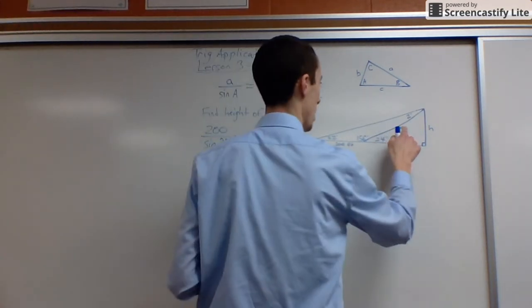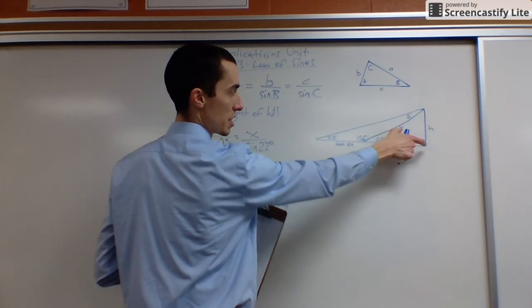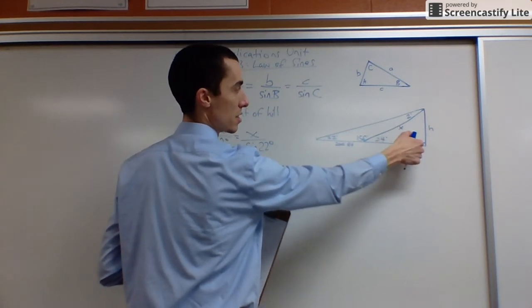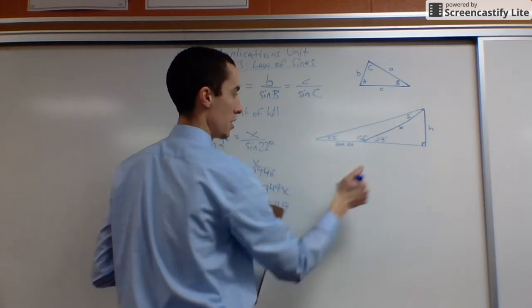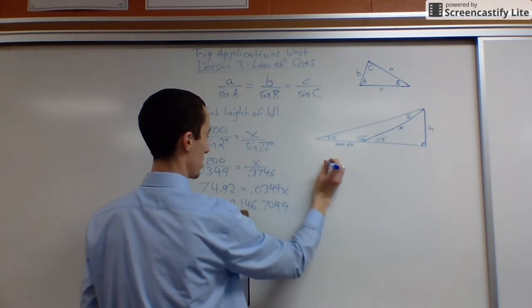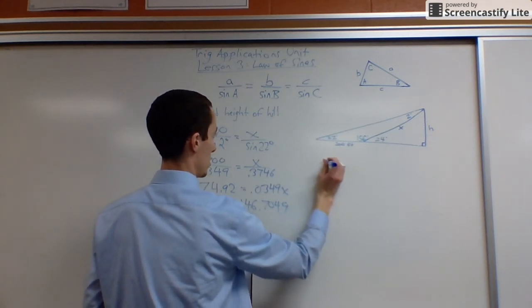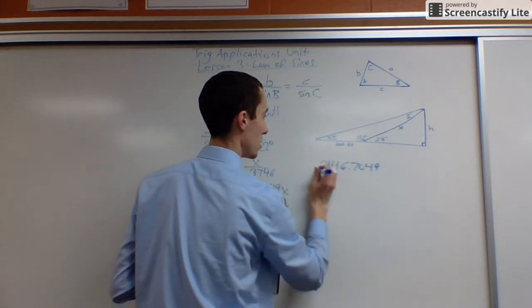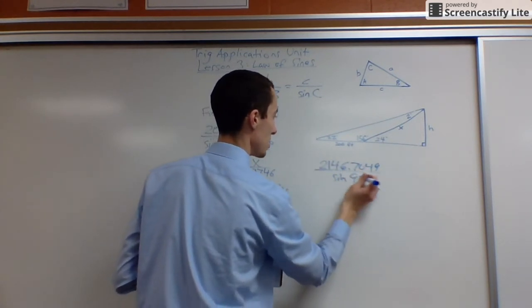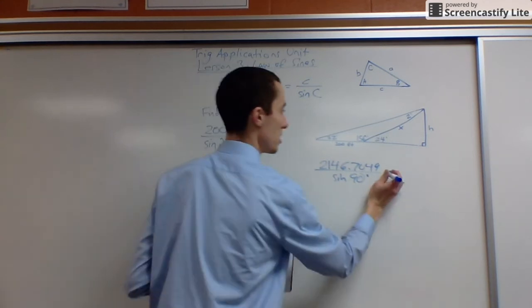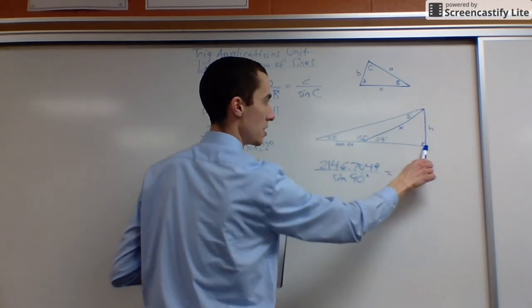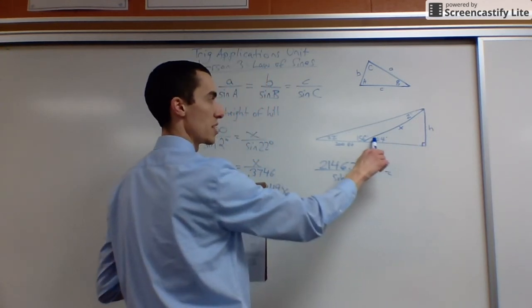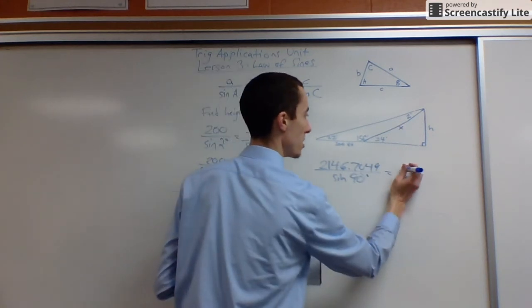So now, I'm not going to write that in here, but we know this side and this angle, because it's 90 degrees. So we could set that up as 2146.7049 over the sine of 90 equals this side of the triangle over the sine of the angle across from it.